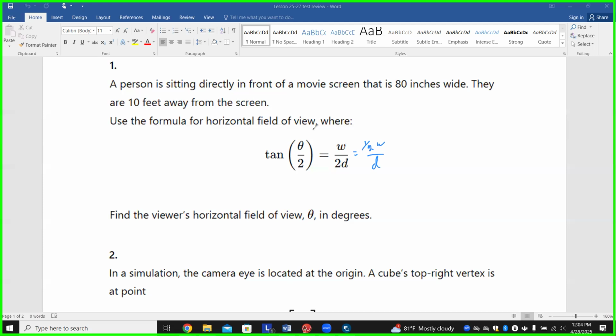The only thing I need to do is convert 80 inches into feet. Divide by 12, so go ahead and do that for me. I would also suggest keeping it as a fraction. If you try to do a decimal, you'll get the wrong answer. So it was 80 divided by 12, simplify that.